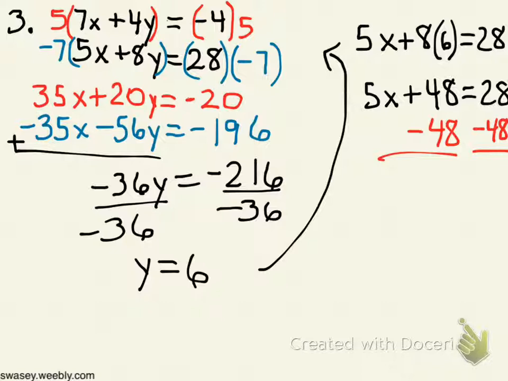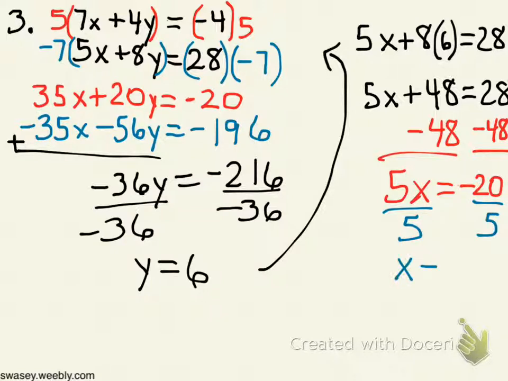So we have 5x equal to negative 20. To get rid of multiplying by 5, divide both sides by 5, and so x is negative 4. So we have the ordered pair, negative 4, 6.